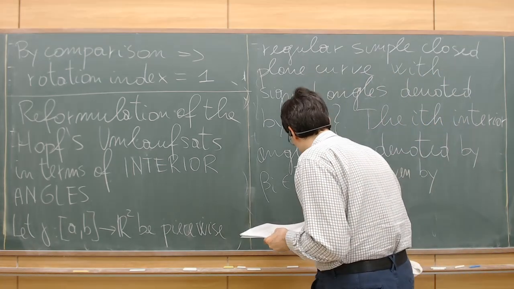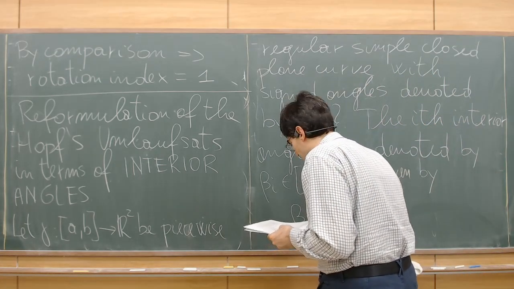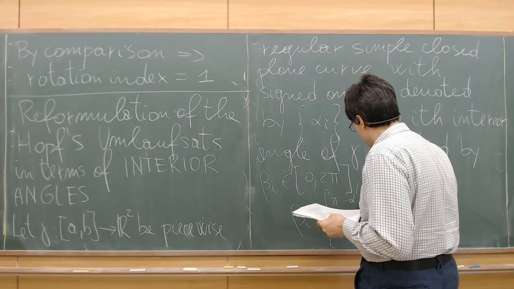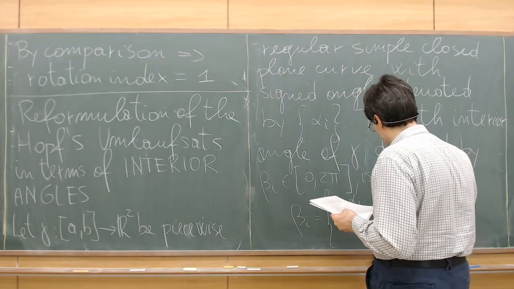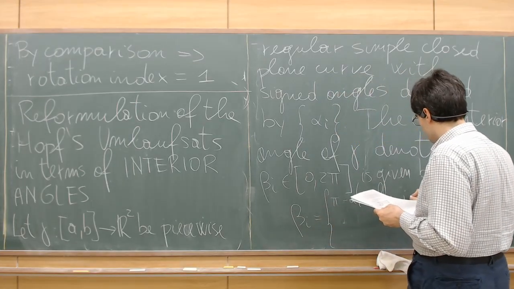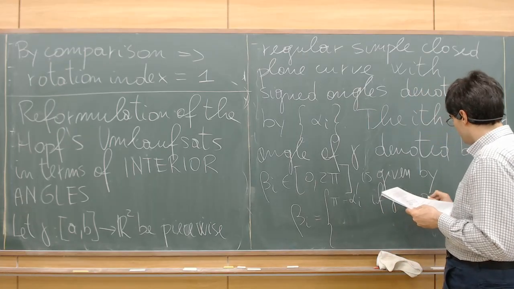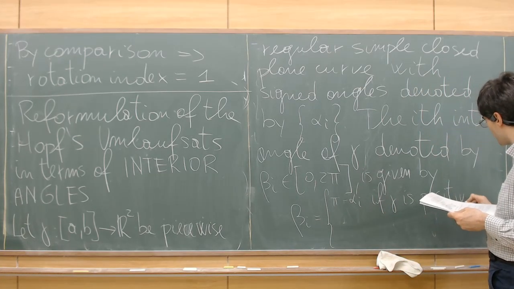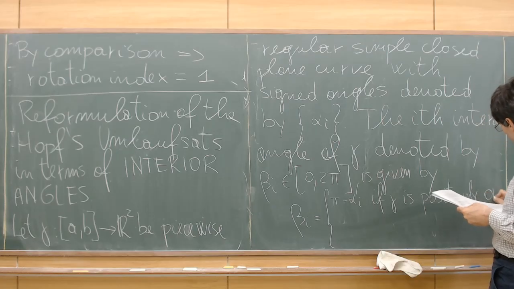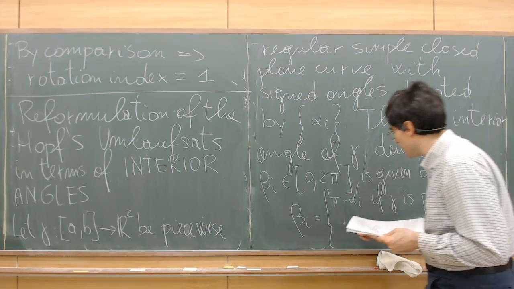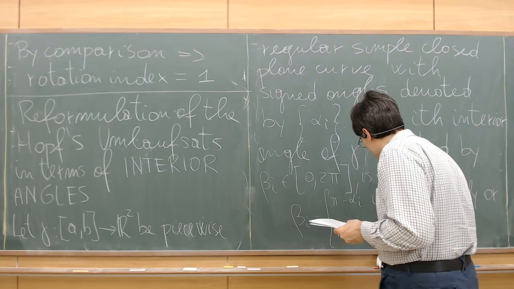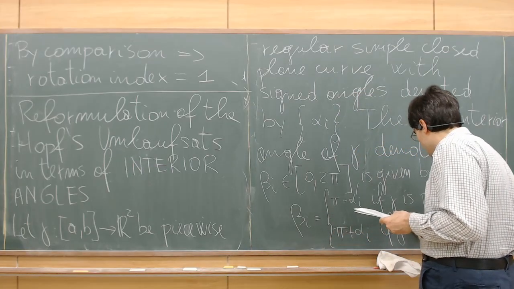the following formula: beta I is equal to pi minus alpha I if gamma is positively oriented, and it is given by pi plus alpha I if gamma is negatively oriented.